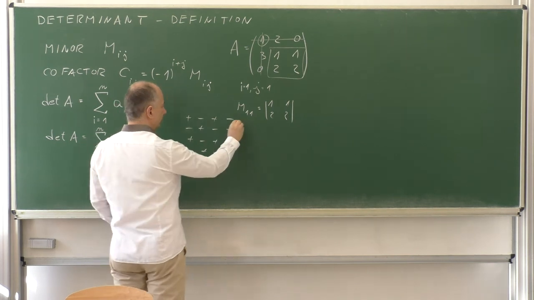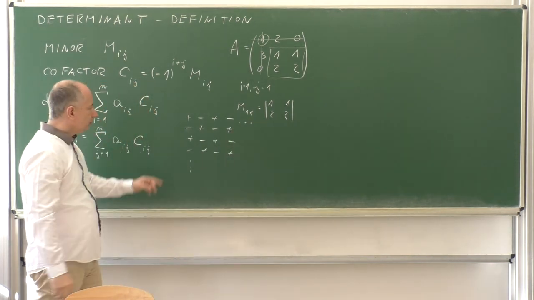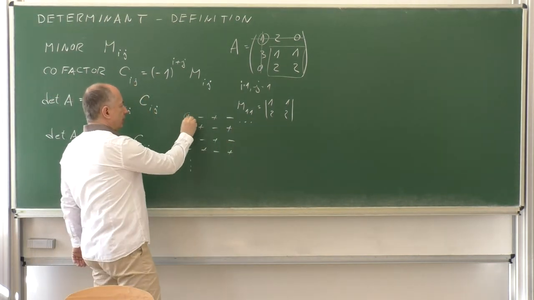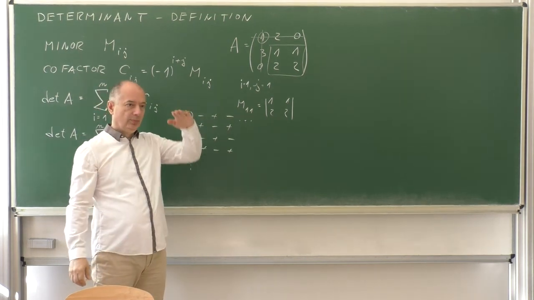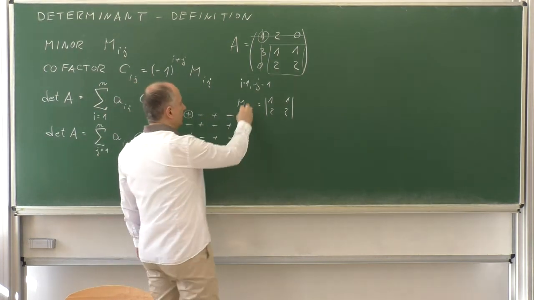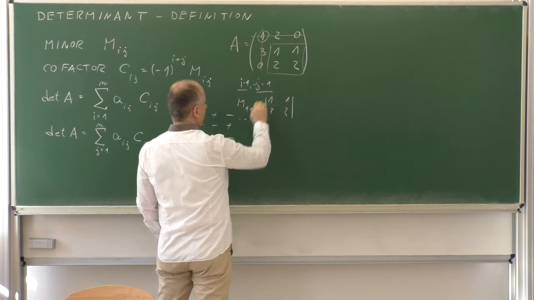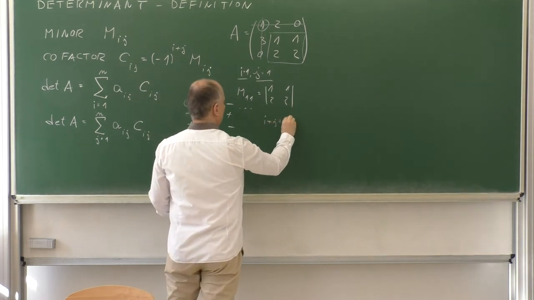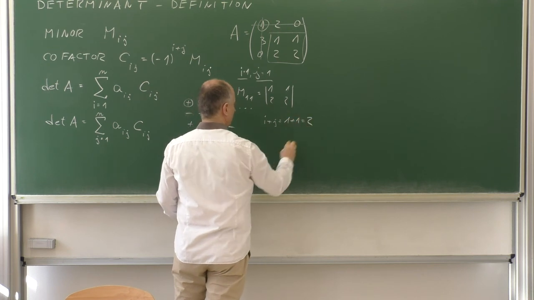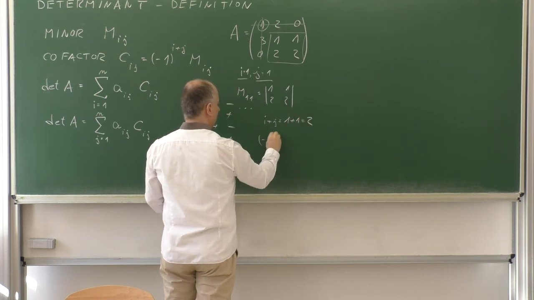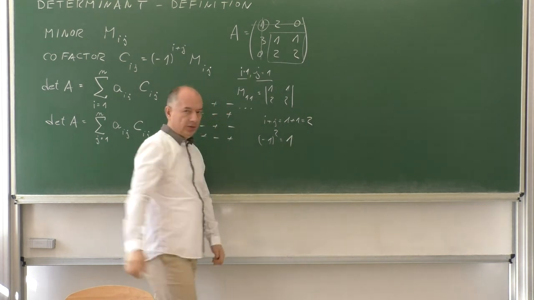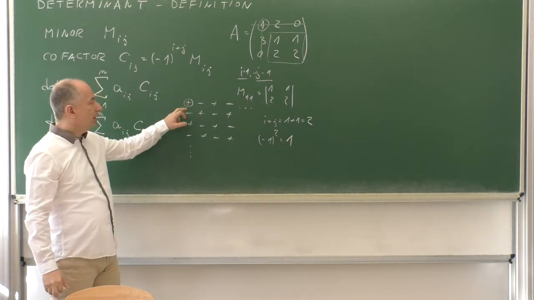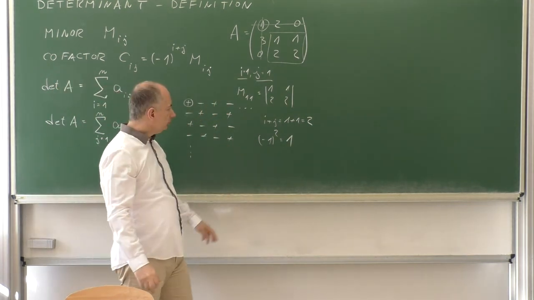And it can go further this way. Because this position at the top on the left corresponds to i is 1, j is 1. Then i plus j is 1 plus 1, which is 2, and minus 1 squared is plus 1. That means we write plus.